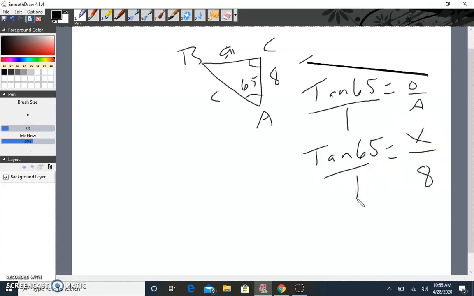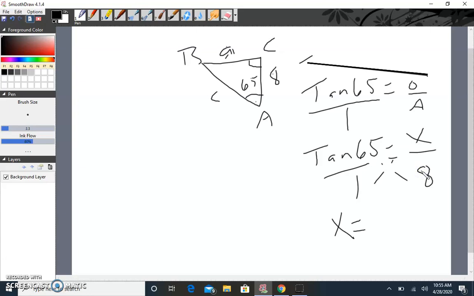And so now we have a fraction equaling a fraction, we have a ratio. The way that you work out ratios, if you remember, is you cross multiply. So we're going to multiply x times 1 and get x. And we're going to multiply 8 times tangent of 65.